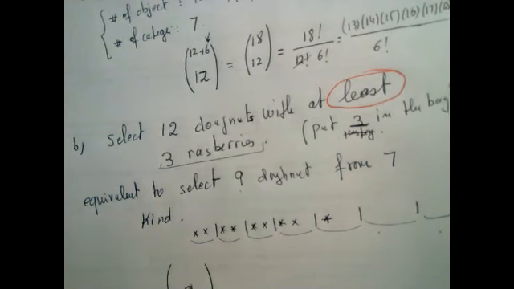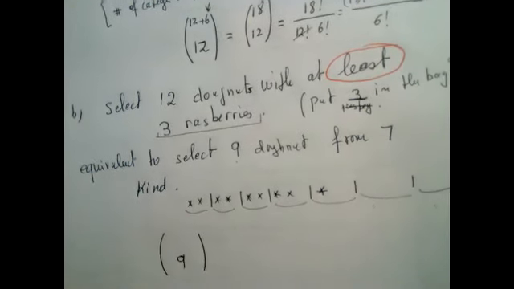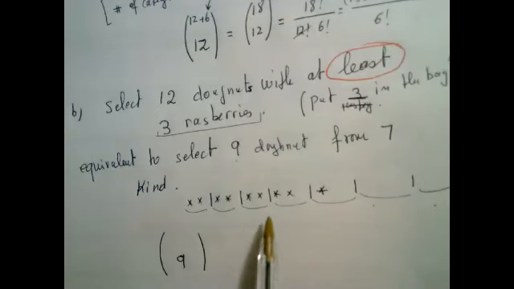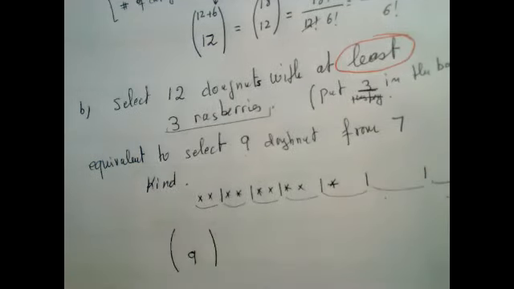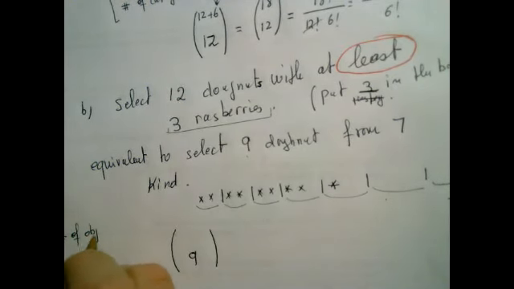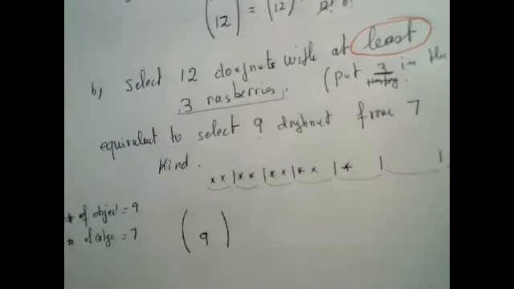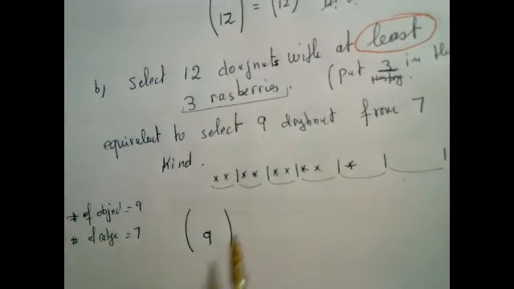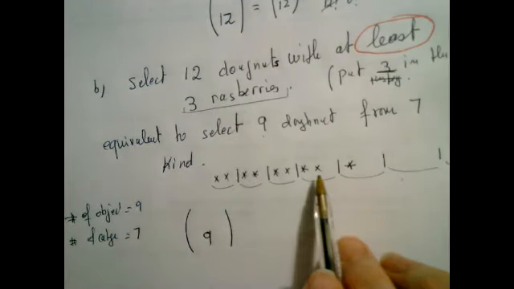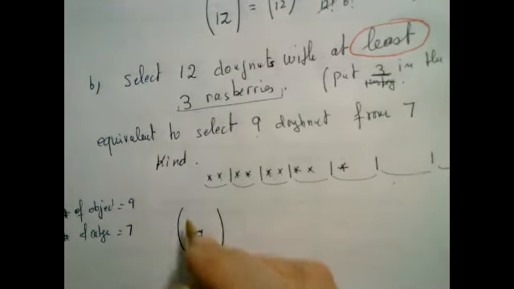So I need to pick 9. And the string that I'm associating to my choice, how long is it? Now the number of objects is 9, and the number of categories is 7. So my string has to have 9 plus the 6 separators.